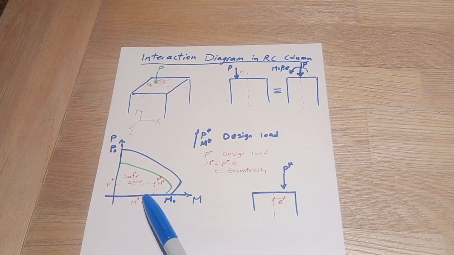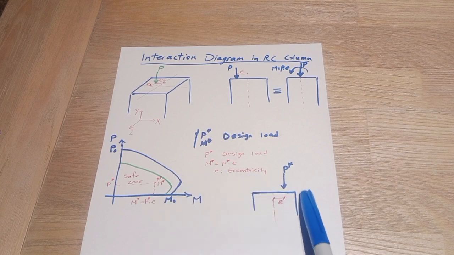So you know what is interaction diagram? It is just the interaction between M and P in a section. It is general shape, but we always use reduced area to compare with the applied load.